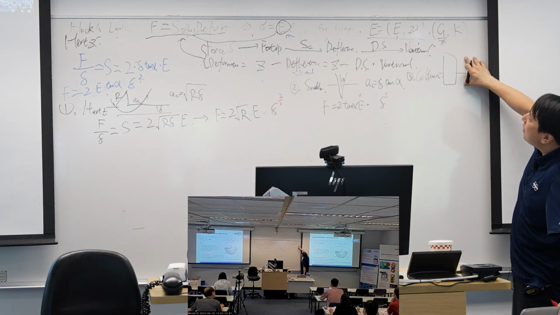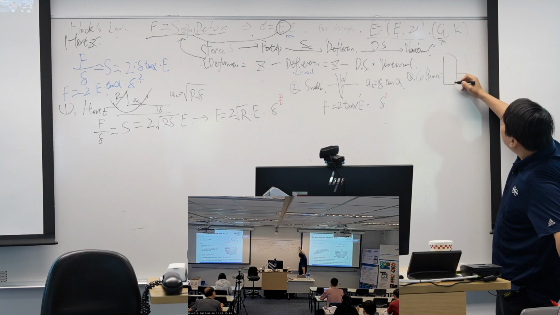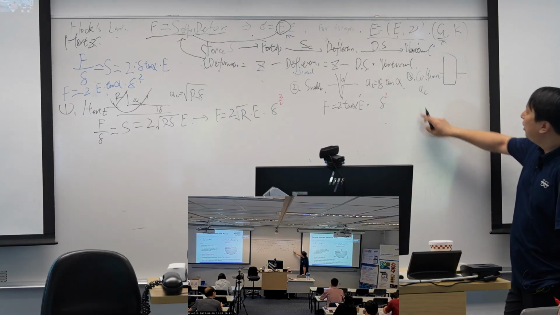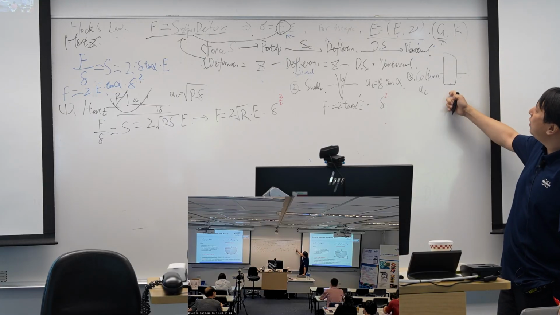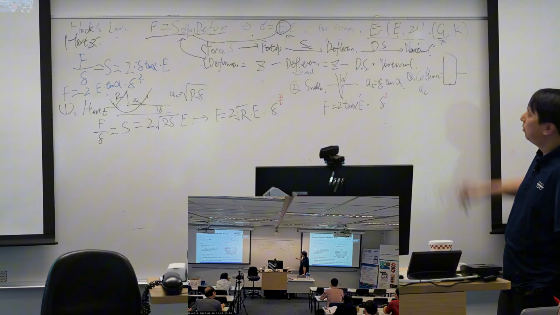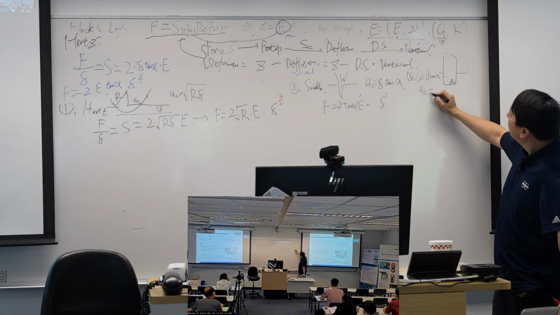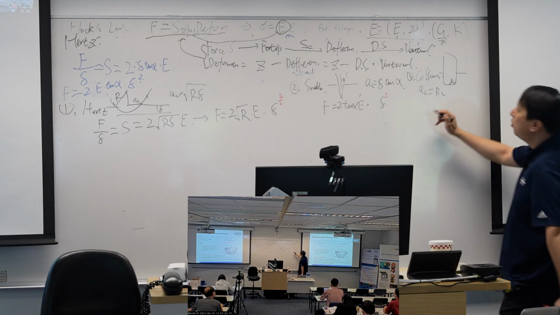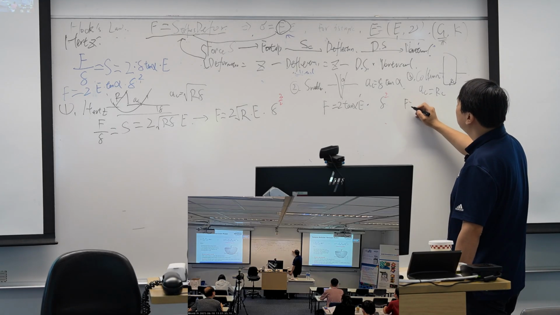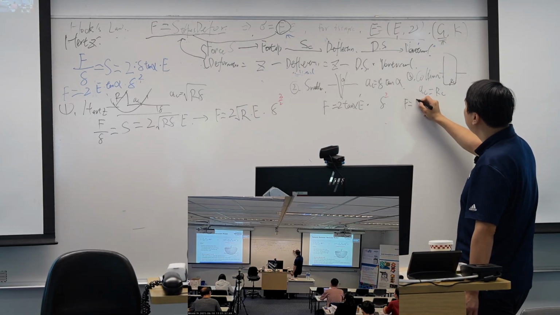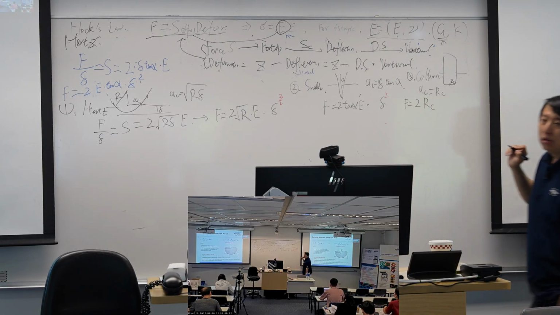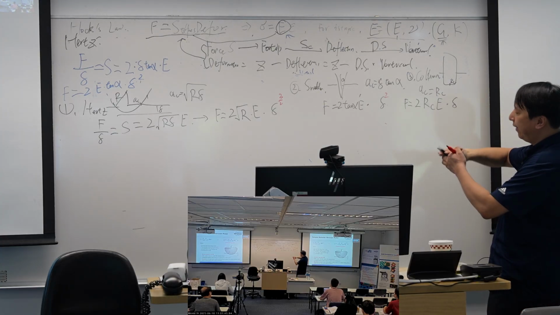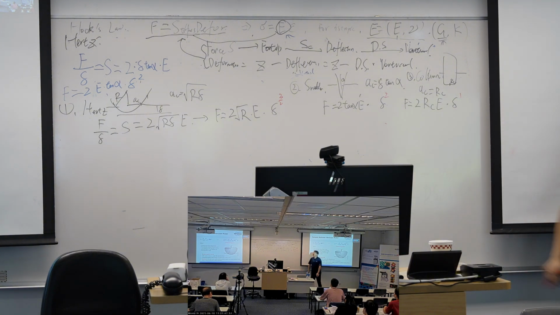And then for this kind of probe, the contact radius is a constant. It just equals the radius of your column probe. So the Hertz model will be quite simple. The force equals 2 times column radius times modulus times delta to the power 1.